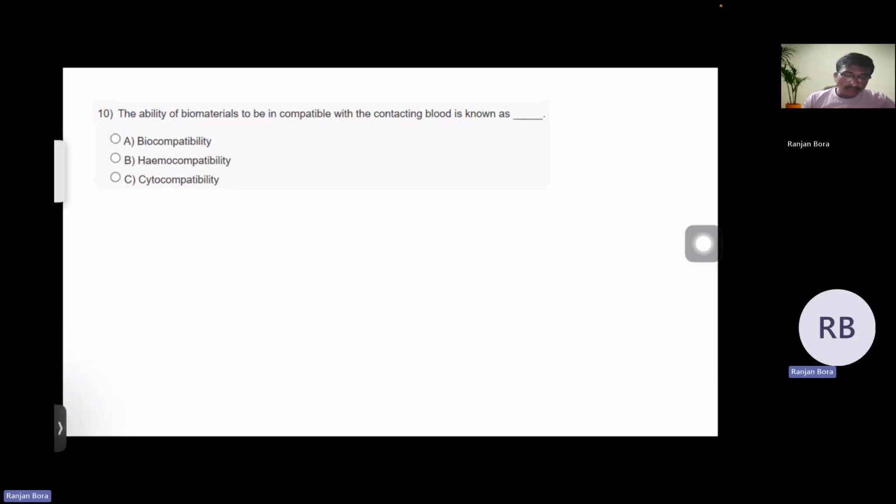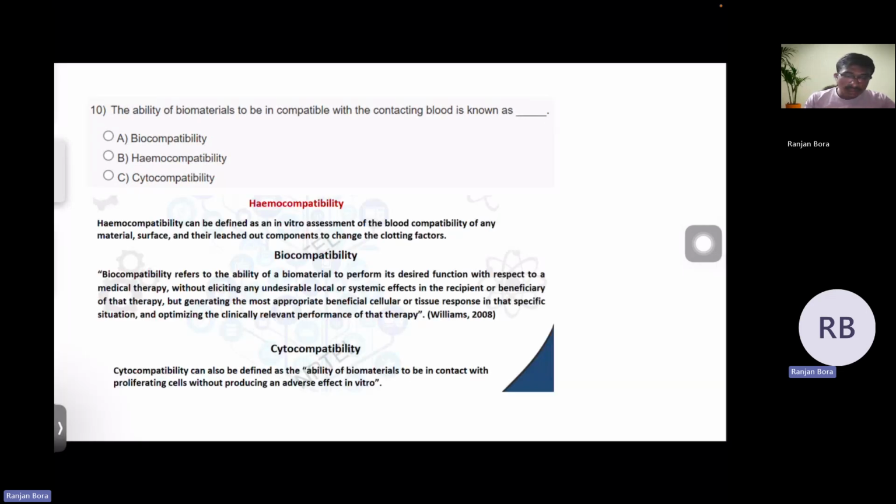So we'll see what these terms represent, one by one. Hemocompatibility can be defined as an in vitro assessment of the blood compatibility of any material surface and their leached out components to change the clotting factors. So we have seen that it represents the blood compatibility of any material surface.